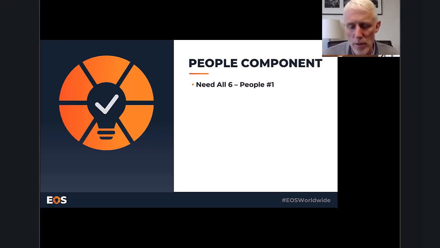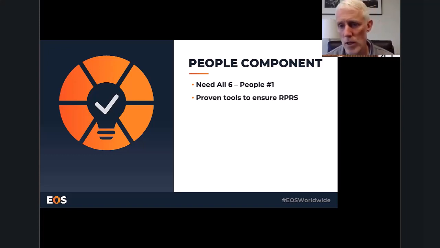So again, that's the people analyzer tool. When the structure is right and when your core values are right, it is a very quick and easy way for you to go through and tackle this people component. Now, all 6 of the components in the wheel are very important, but this people component continues to be the number 1 component, especially with the leadership team.